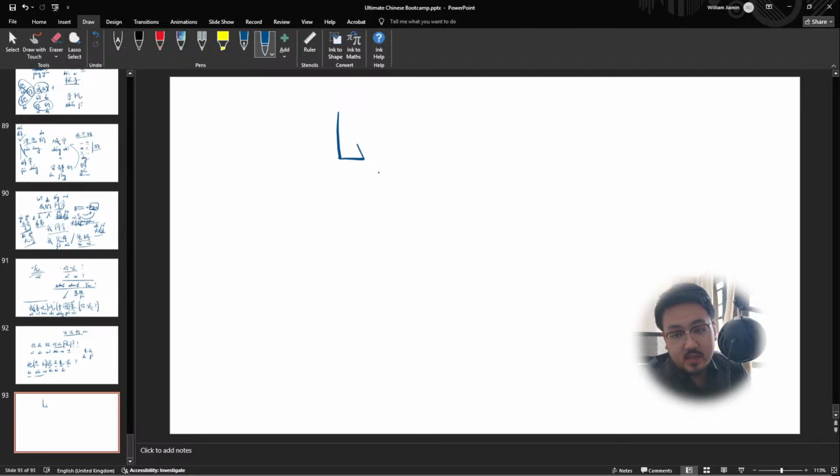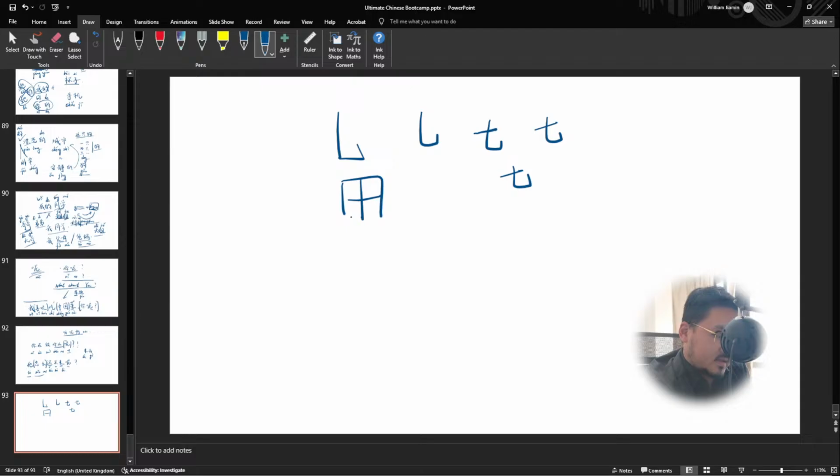So of course, this is like a very badly written thing. So basically, 横竖折钩. If it's 田字格, that's the frame that you're going to write this, it will get something like this.